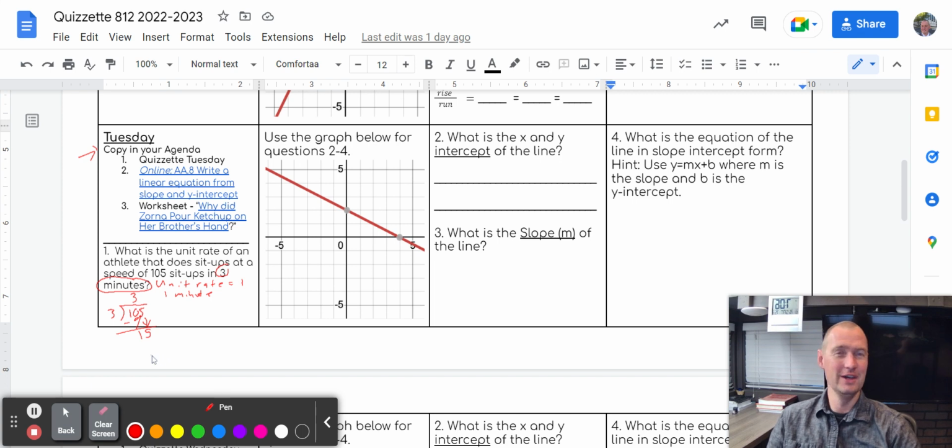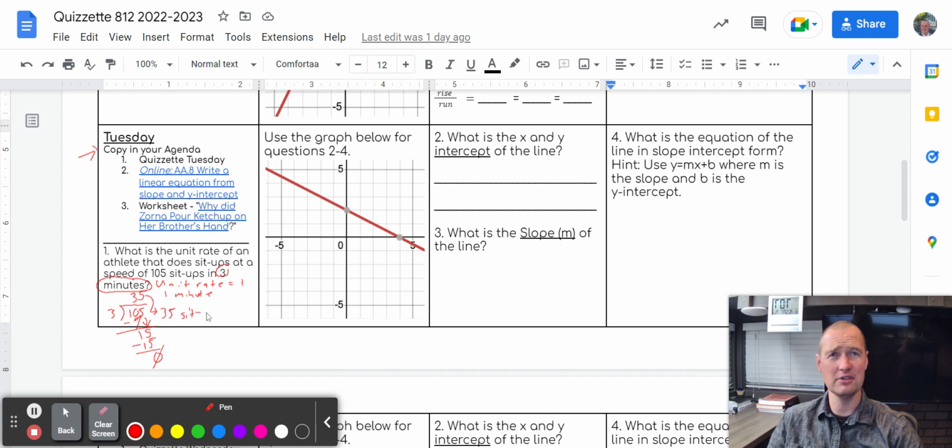There we go. All right, so we're going to take our 3, go in the 15. 3 times something equals 15. Now I'm thinking 3 times what equals 15? Oh, yeah. 3 times 5 is equal to 15, and 15 minus 15 is no remainder. So we can take our number here, 35 sit-ups.